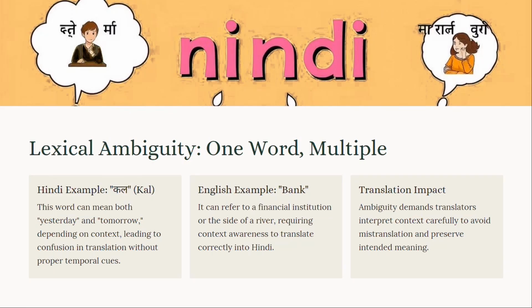So when we are talking about the word kal, it can mean yesterday, it can also mean tomorrow. We depend on the context. Context is very important here, and it will lead to confusion in translation without proper temporal cues. So lexical ambiguity can arise when one word has multiple meanings.